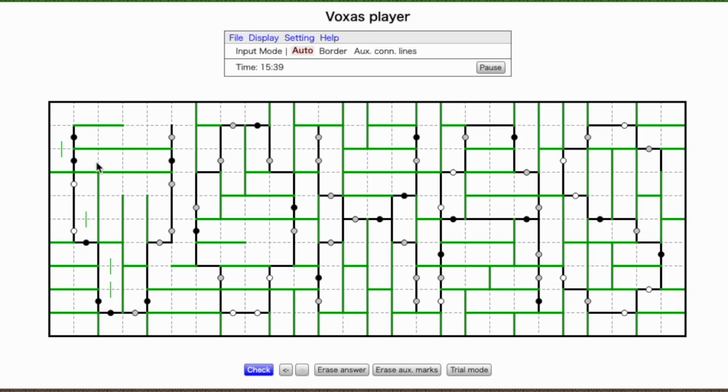We've got to split this 4-cell region into 2 and 2, making this a 3-cell vertical somewhere. This is also vertical, but we don't know how long. It'd be nice if we could solve this little region.